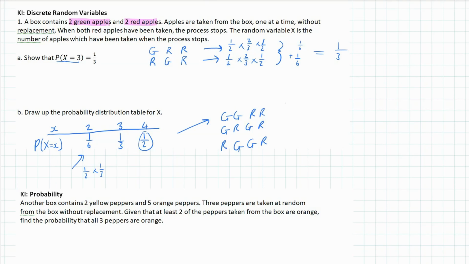So green, green, red, red would be 1/2 times 1/3, and then you have to pick the rest. Then it's 1 after that, so you're definitely picking them at that point. So that would be 1/6 together, wouldn't it?